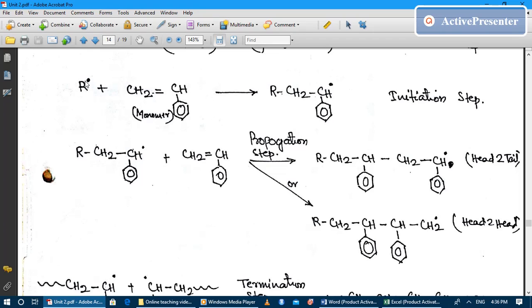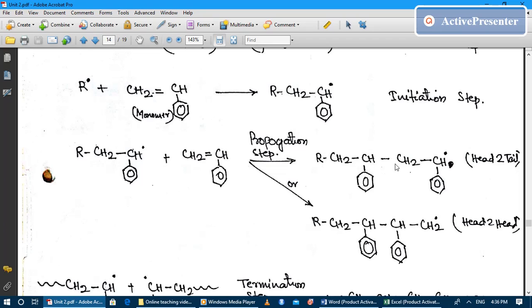The basic or the initial free radical was the R free radical, but once it will combine with the first monomeric unit, then entire structure will be a free radical, and this entire free radical may attack to another monomer, and it will attack on the pi bond of another monomer, and that monomer will also be attached to this structure, and now this whole is the free radical.